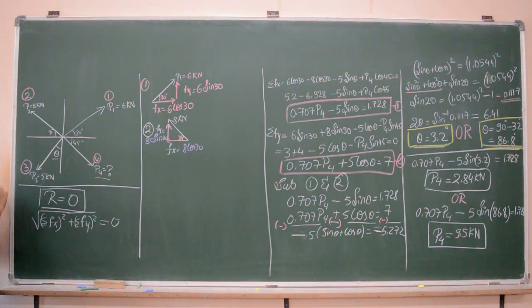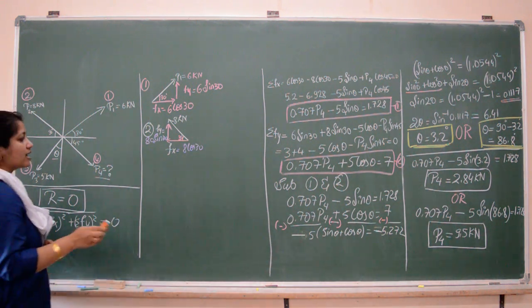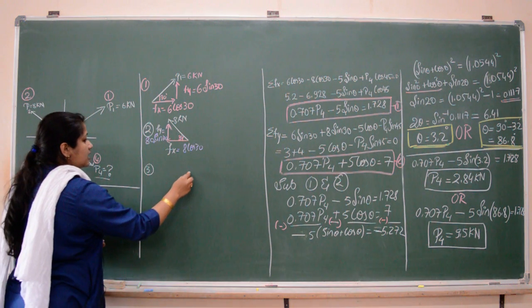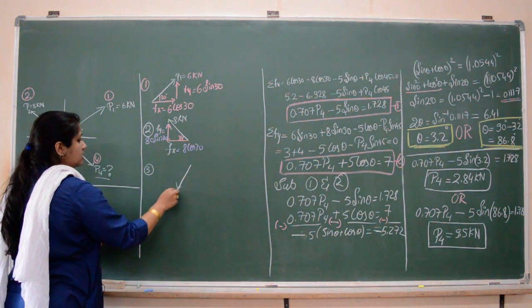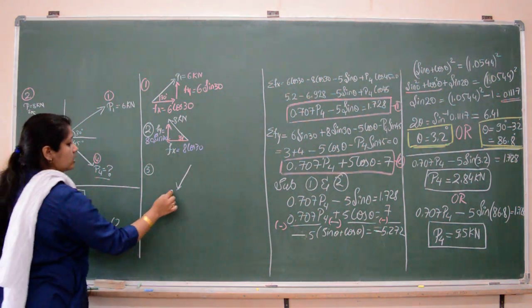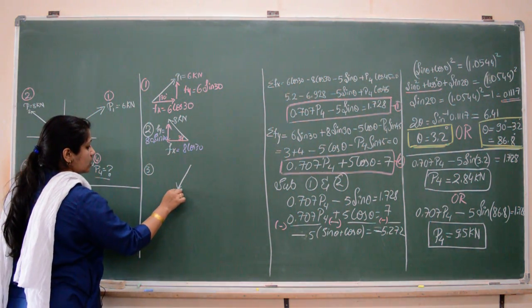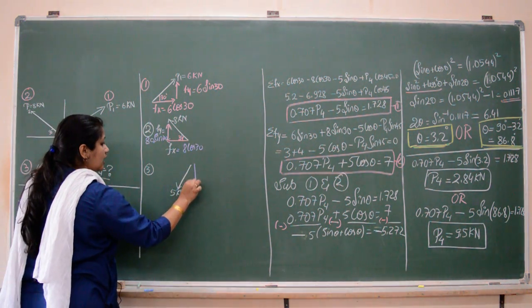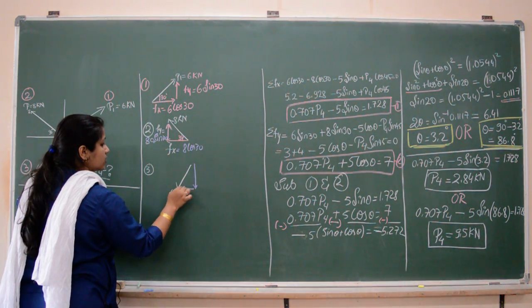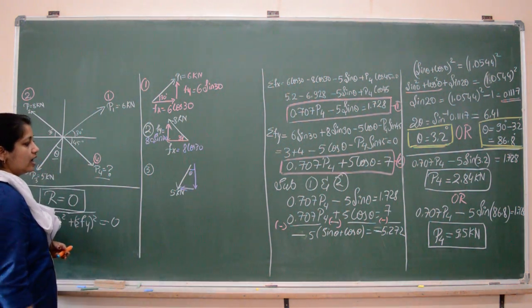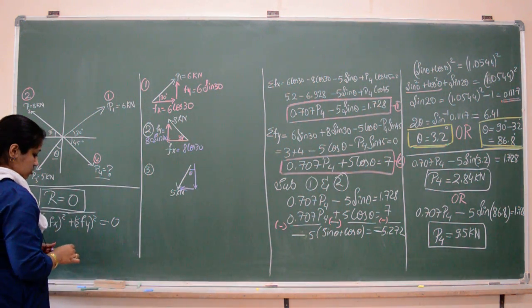Now when I come to the third one, I know the magnitude of the force, that is 5 kilonewton, but I don't know what the angle is here. See here students, 5 kilonewton is the force. I know the magnitude, but I don't know the angle. I keep it as theta and I resolve the force.